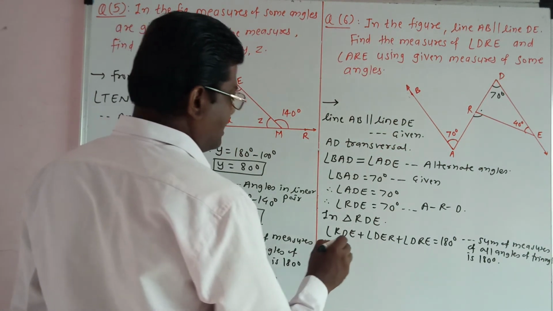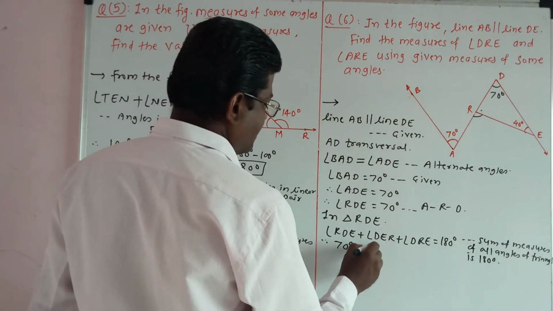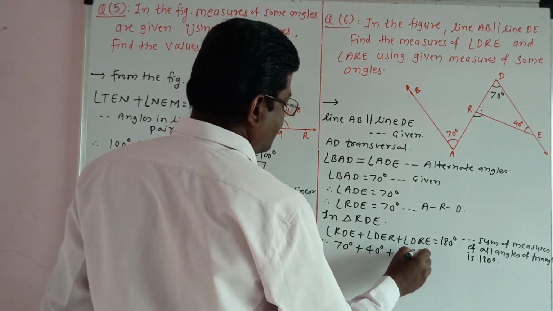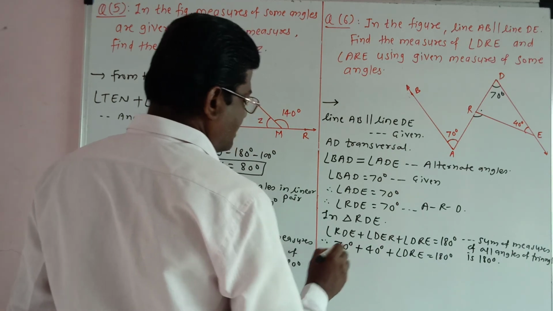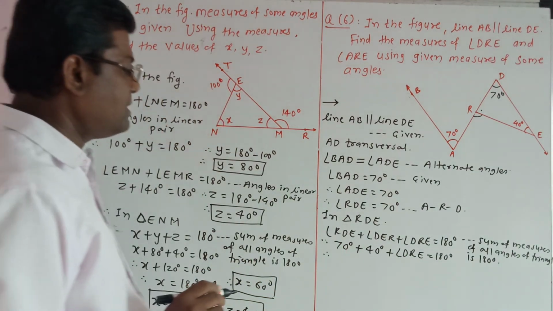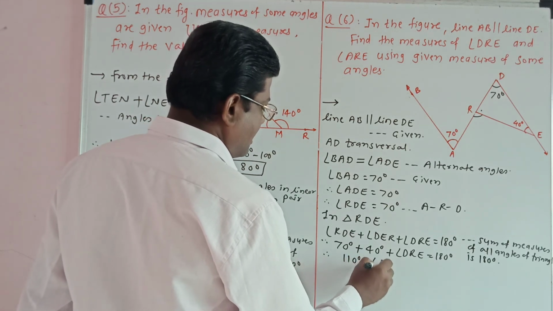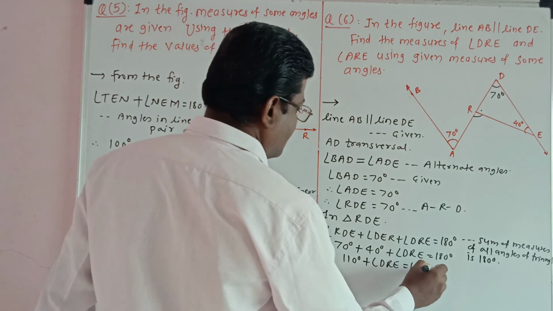Angle RDE 70 degree plus angle DER 40 degree plus angle DRE is equal to 180 degree. Therefore 70 degree plus 40 degree is 110 degree plus angle DRE is equal to 180 degree.